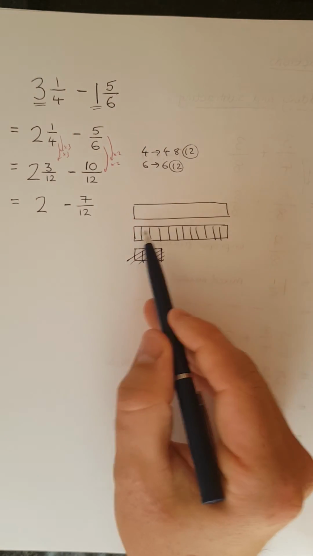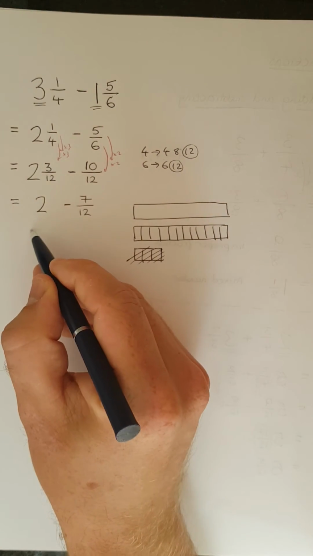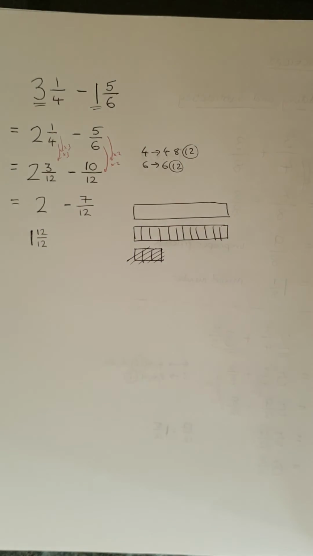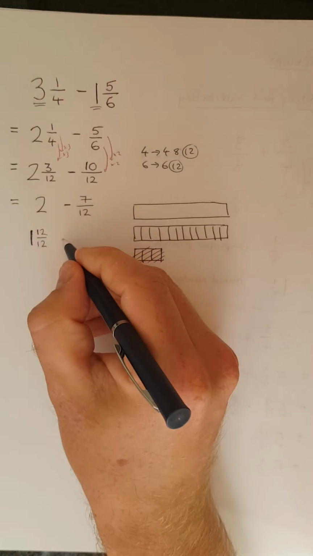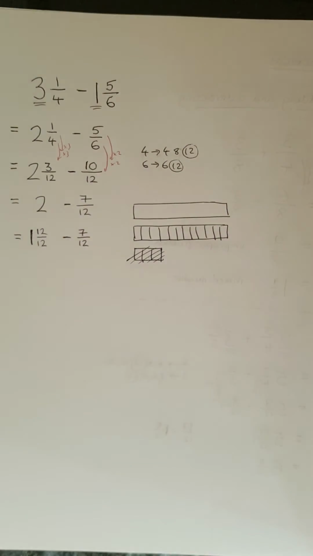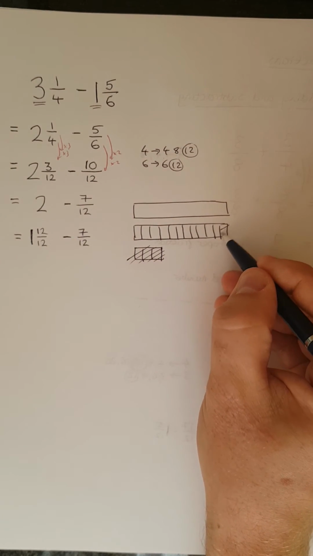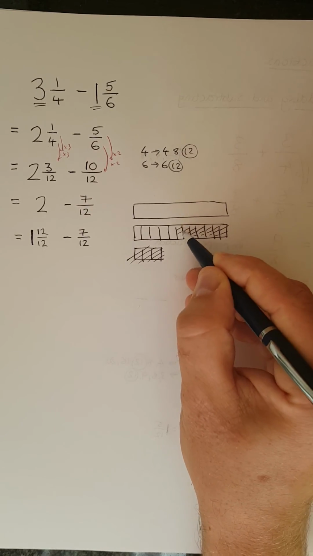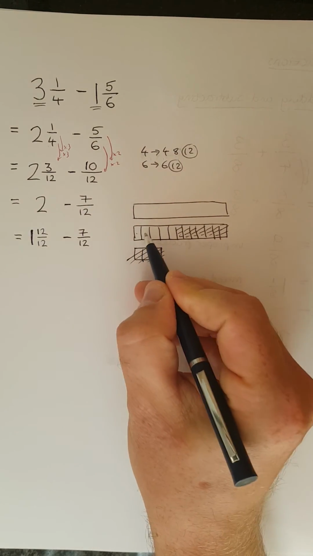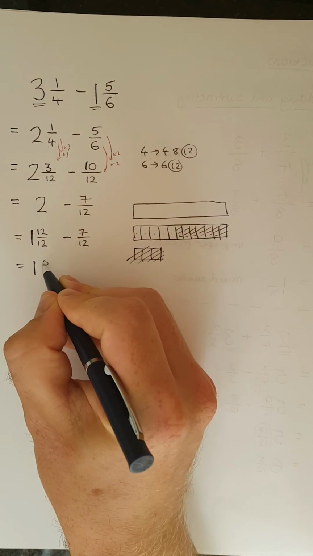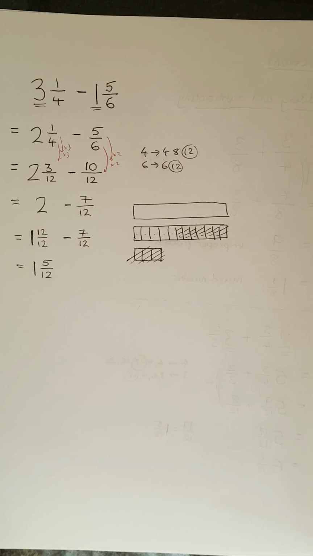So I've now got 1 whole one and 12/12. And I need to subtract 7/12 from that. Well, that's no problem now. 1, 2, 3, 4, 5, 6, 7, which leaves me 1, 2, 3, 4, 5. So I still have one whole one and 5/12.